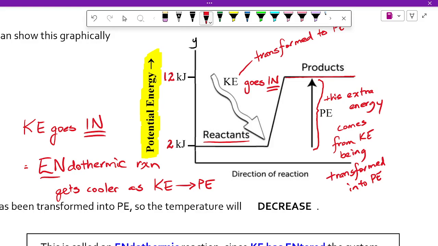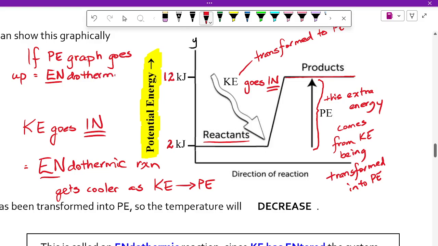So you can think of this potential energy diagram, where the stairs go up, you are entering, so that's going to be endothermic. So if the potential energy graph goes up, that is endothermic, because stairs go up when you enter a building.